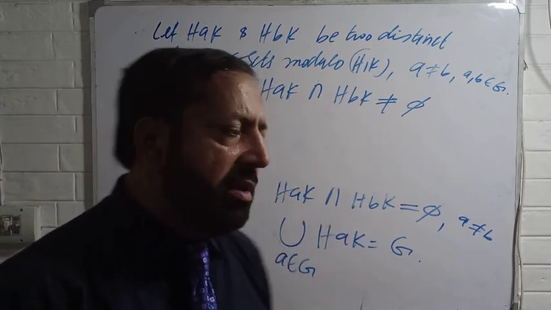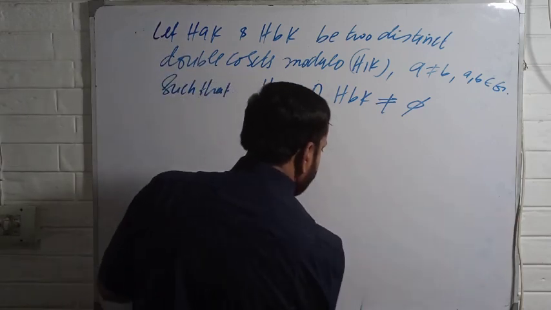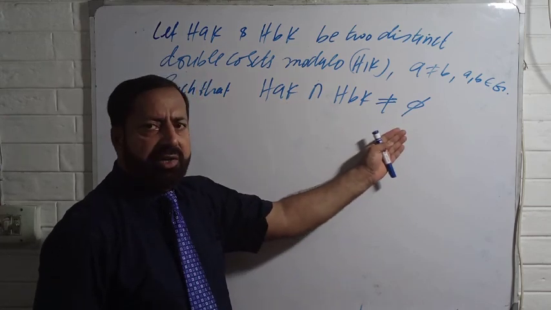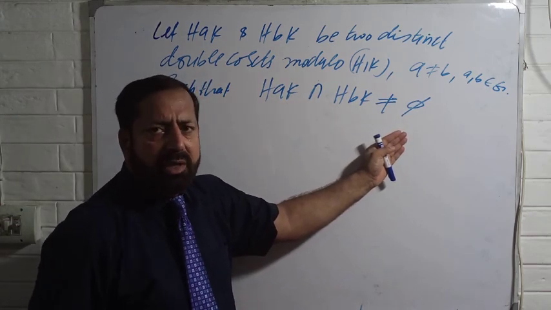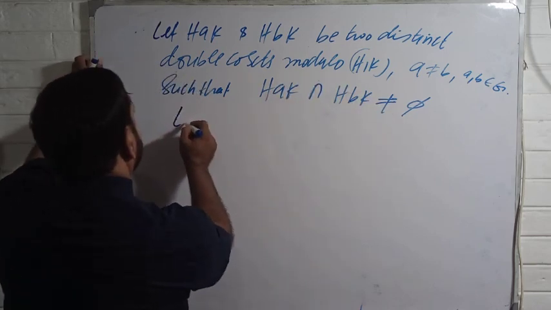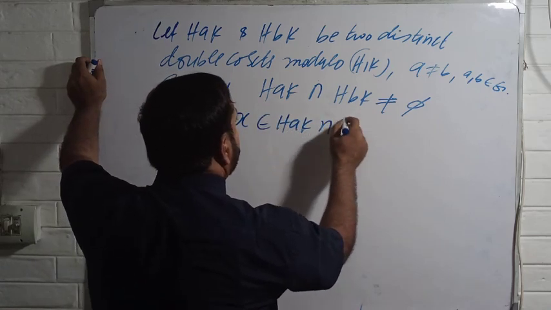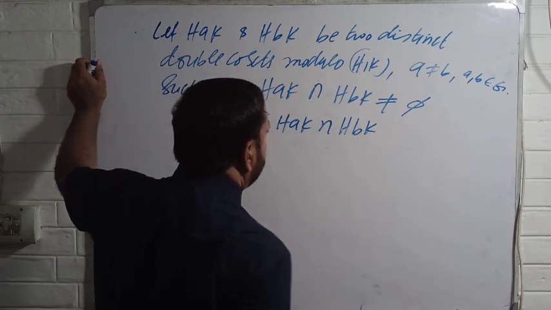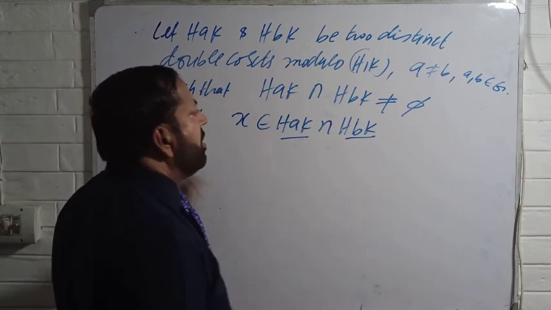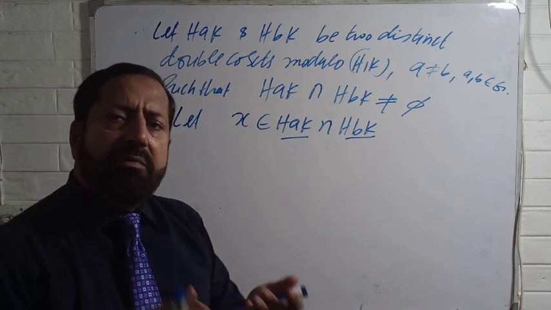Okay, so let's work on it. If I am saying that they have some intersection, there must be some element in this intersection. So let X belong to HAK intersection HBK. Remember, you should have an idea of what we want to do.